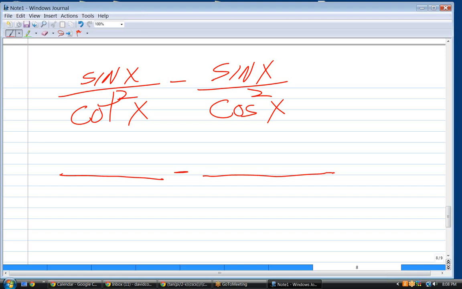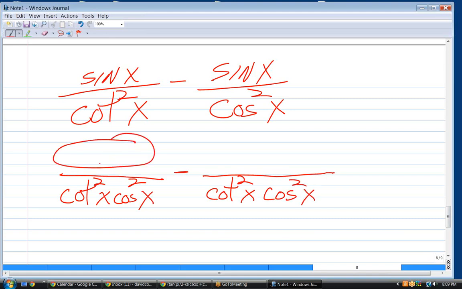Not always the least common denominator, but usually with variables or polynomials or trig functions, it's the only common denominator. So cotangent x times cosine squared x, that's our common denominator. Okay? You with me? Yeah. Now what goes in the upper left? In other words, what goes right there?